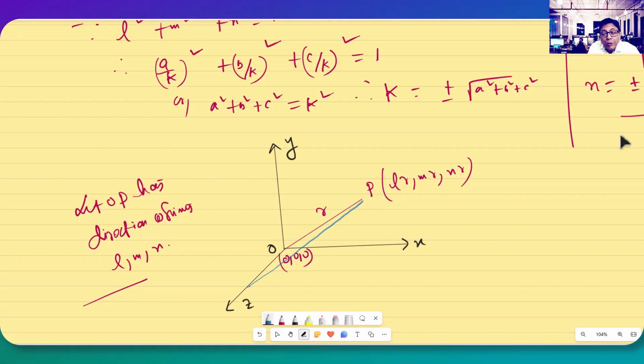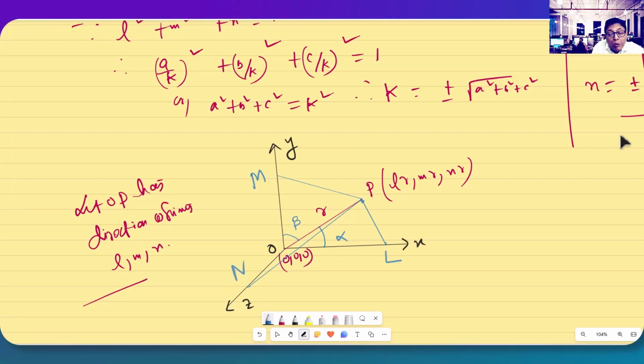I am just dropping perpendiculars in this manner. So this angle is alpha, this angle is beta, these are perpendiculars. You have drawn perpendiculars here. Draw here also. This is PL, PM and PN.